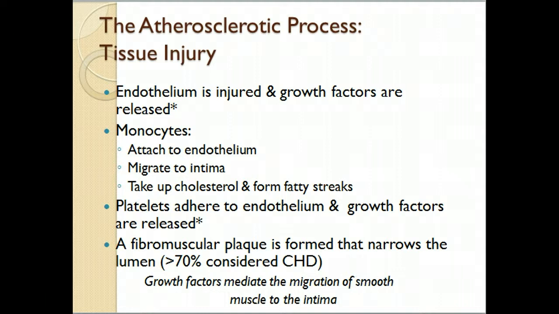Then what's called the fibromuscular plaque forms. That is the thick plaque, and it narrows the lumen. Greater than 70% narrowing is considered coronary heart disease. As I mentioned, everybody has this to some degree, but if your artery is only 20% narrowed, it's not going to cause you any problems, versus when it starts to be more than 70% narrowed.